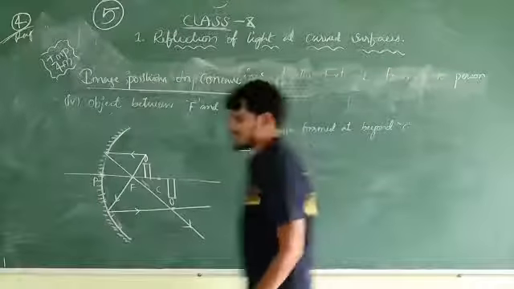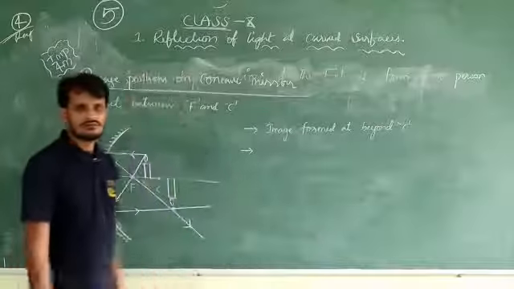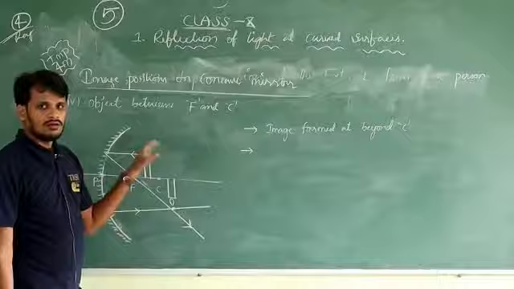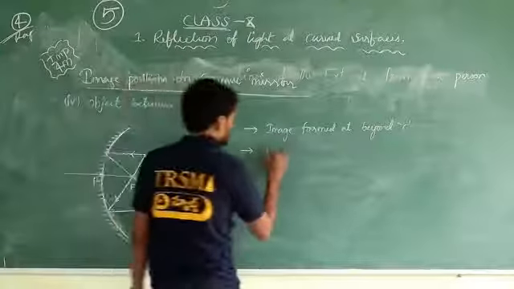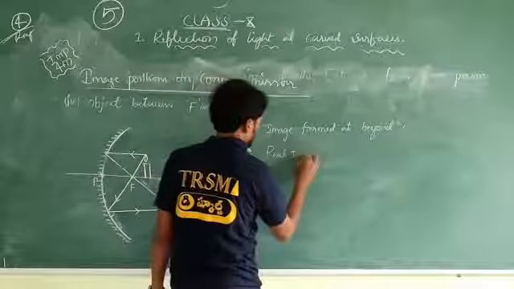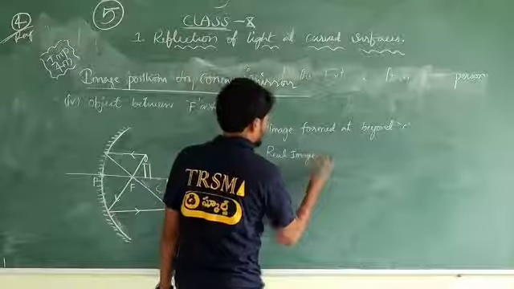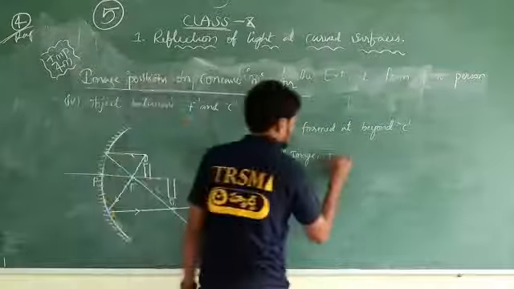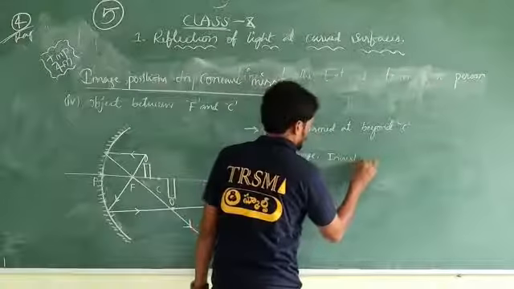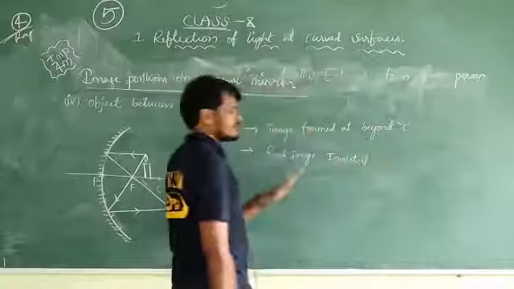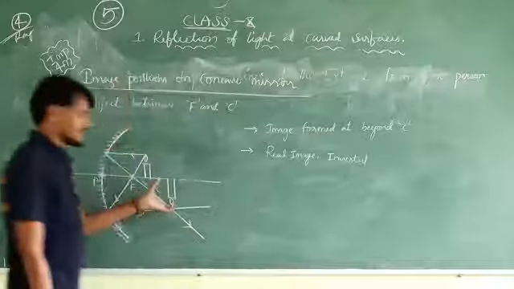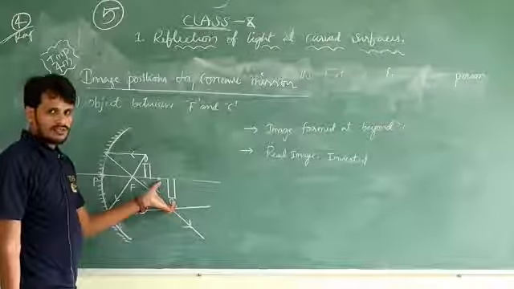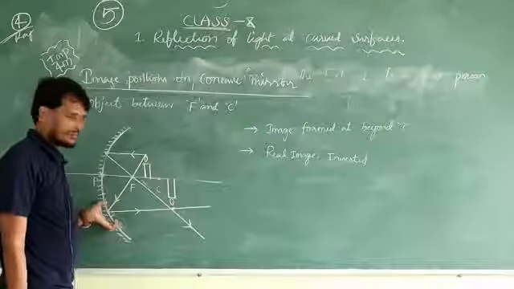And the next characteristics: real image or virtual image? Sure, it's a real image, right? Real image, and inverted, definitely it's inverted. Now tell me the size. If the image size is less than the object size, that is a diminished image.